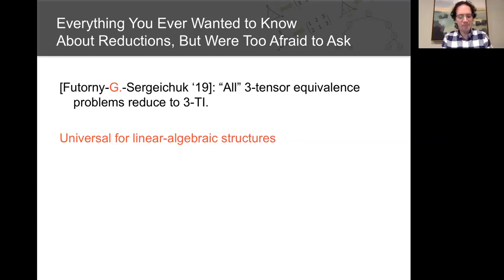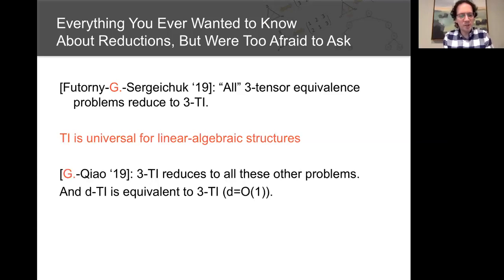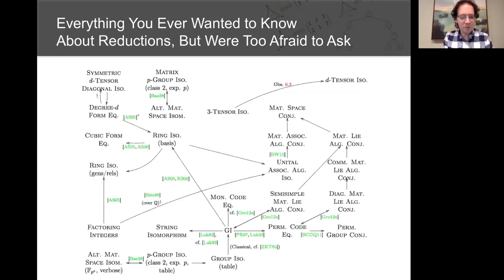So that was the first thing. And then we also went the other way. With Yoming Chow, we showed the opposite, which is that 3 tensor isomorphism in turn reduces to all of those other problems in that picture, meaning they're all universal. So our picture used to look like this, and after those 2 papers, it now looks like this.